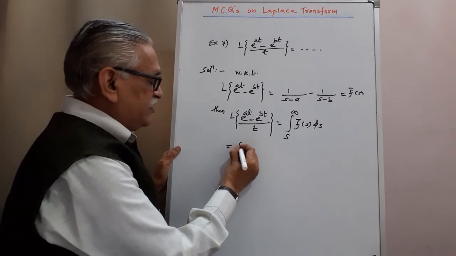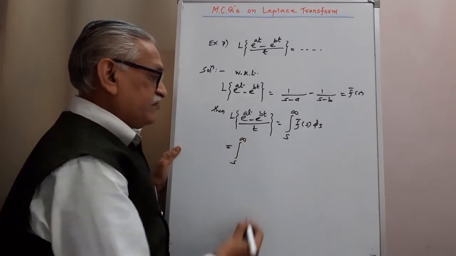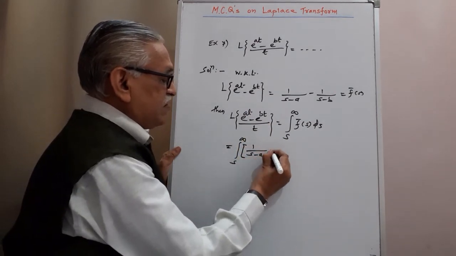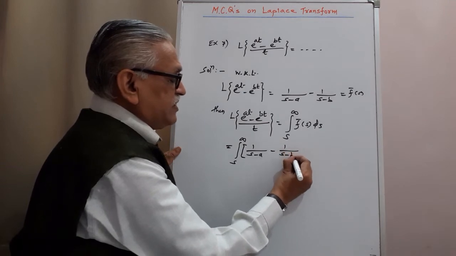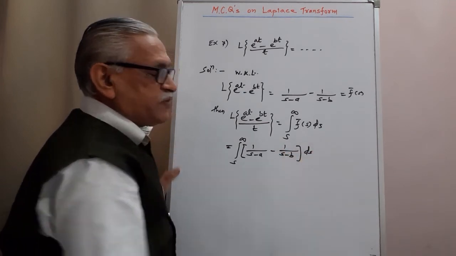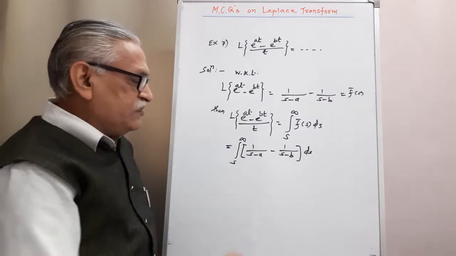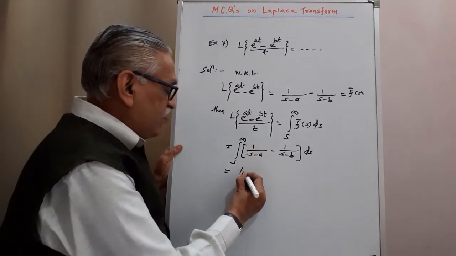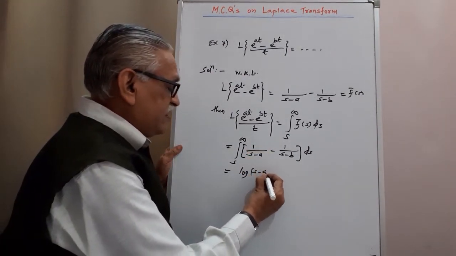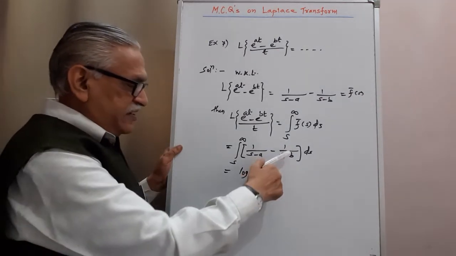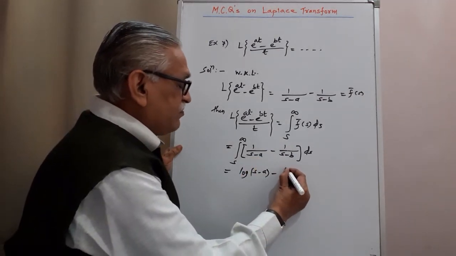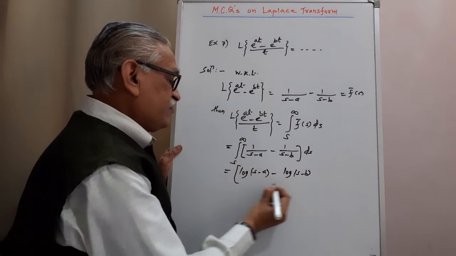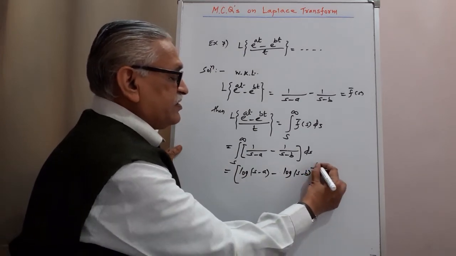Therefore it equals the integration from s to infinity of 1 upon s minus a minus 1 upon s minus b with respect to s. Integrating individually, we know that the integration of 1 by x is log of x, and therefore it is log of s minus a minus, for the second term, log of s minus b, with limits from s to infinity.